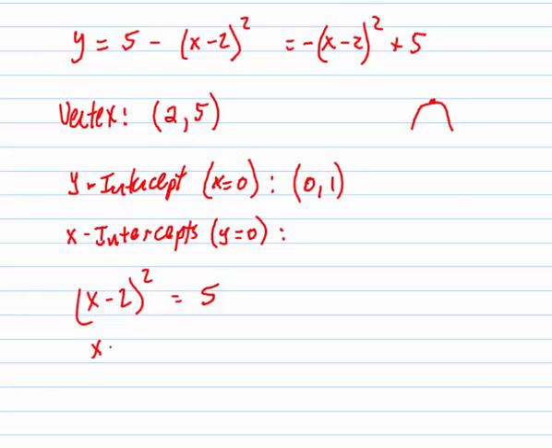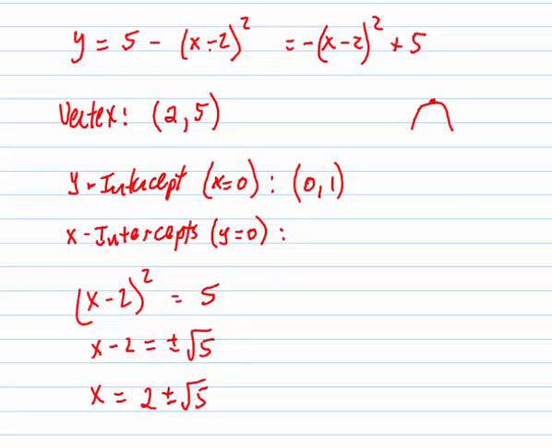And so we have x minus 2 is equal to plus or minus square root of 5. And our two intercepts are x is equal to 2 plus or minus square root of 5. One's positive, one's negative, because square root of 5 is slightly greater than 2, a bit greater than 2.